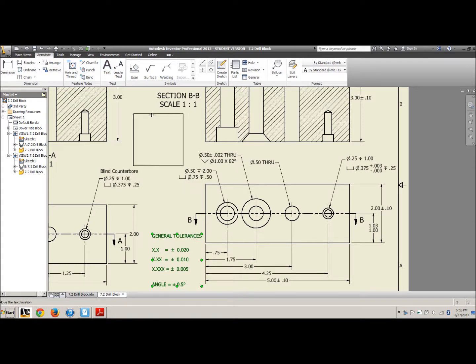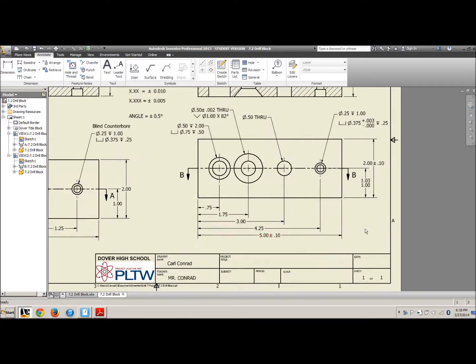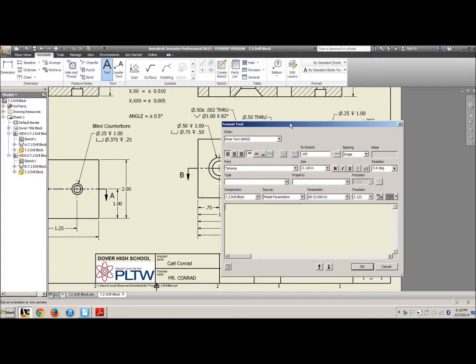Of course, we want that to be on our drawing somewhere where it's easy to read. Of course, this drawing that we just did is baseline dimensioning.